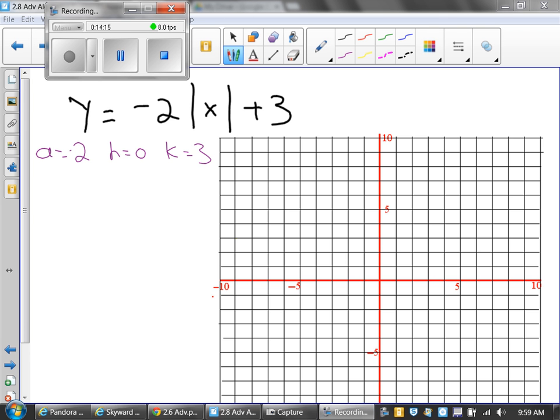Are we okay with h being 0 here? K is +3. If h wasn't 0, it would be a negative, right? No. Because for example, if it was x plus 2, what's your h?